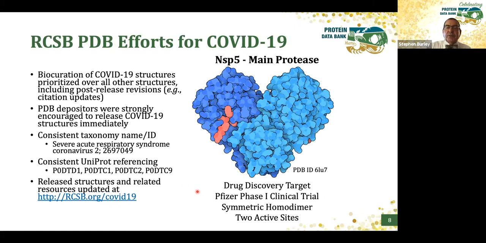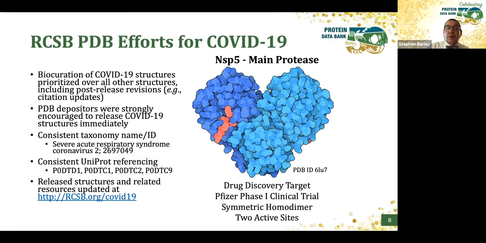Each of these subunits is an enzyme that's responsible for cutting up the viral polyprotein, which is made upon infection of the host cell by the virus, which releases a preformed messenger RNA into the cytoplasm, which is then picked up by the host ribosome, and proteins are made. It's this protease and another one known as the papain-like protease that are responsible for cutting up the polyprotein and liberating all the different parts of the viral toolkit that are used during the infection.